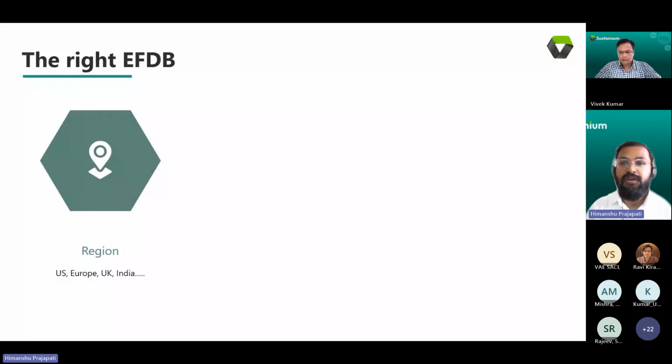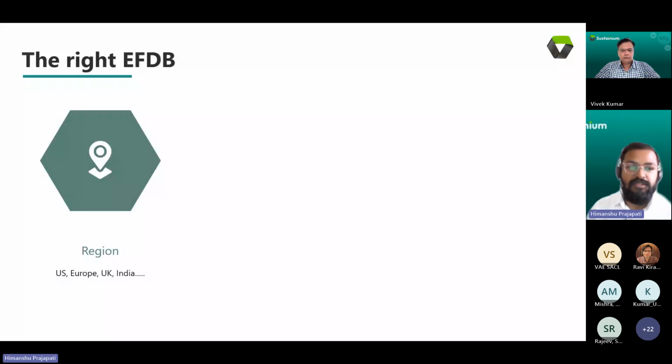You can have a unified emission factor database. For example, in the case of the US, it is just one. All the regions use just one emission factor database, and it has got everything. With respect to India, not all the databases are available. So for electricity, you use Central Electricity Authority, but for anything else, you might use IPCC, you might use US EPA, or any other database that is available and relevant to you.